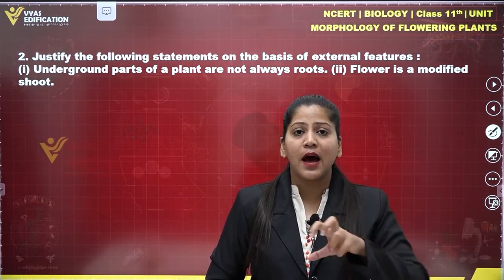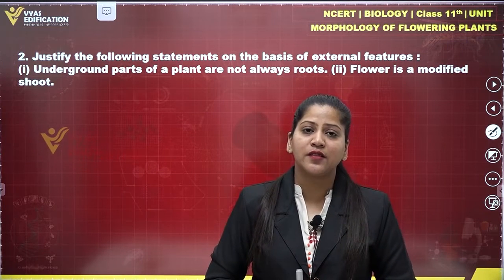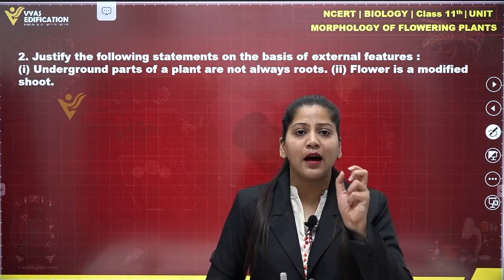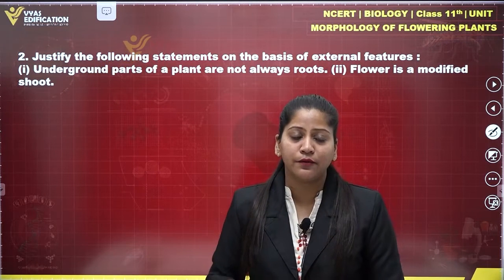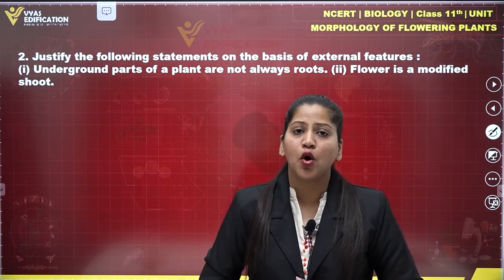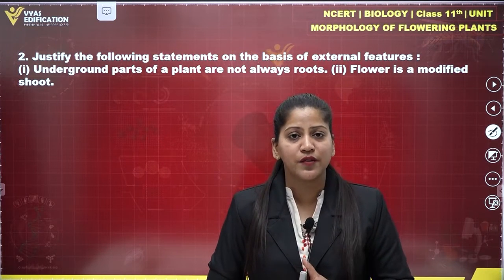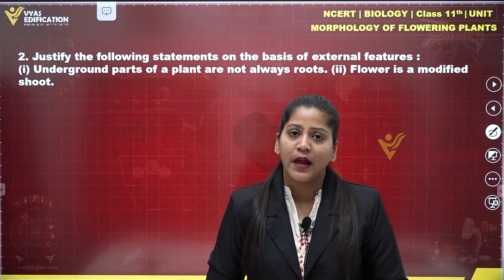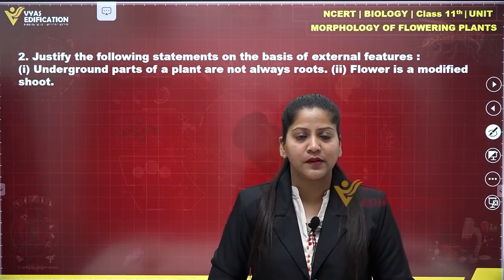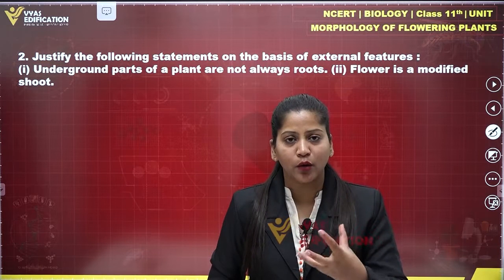So corm is another example to justify statement number 1. Corm is a stem which is found beneath the soil, found in colocasia and zamikand. If we talk about more examples, then potato.